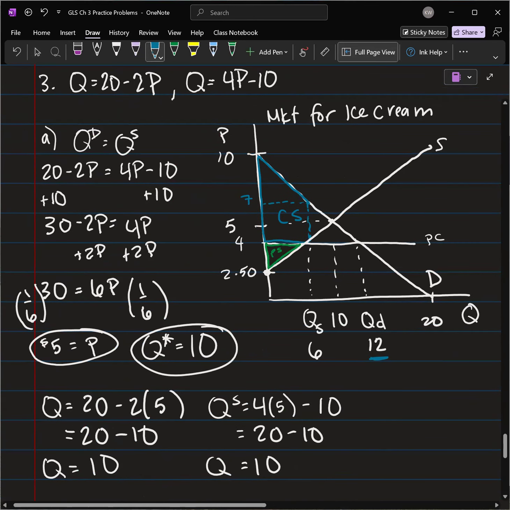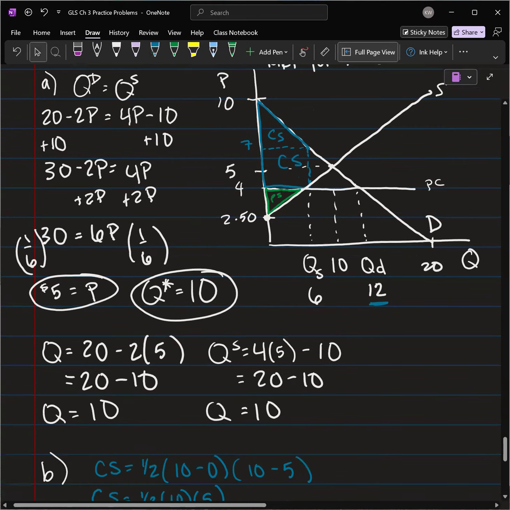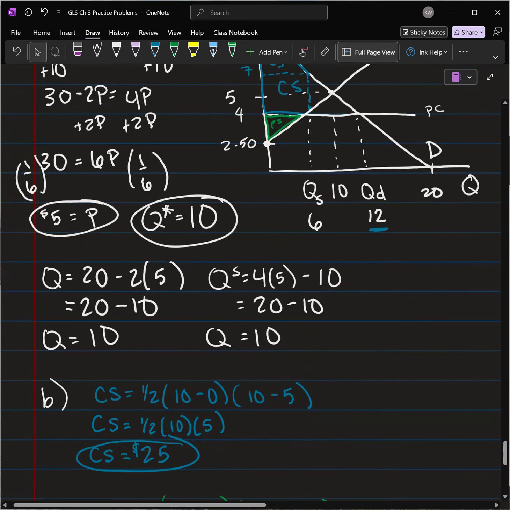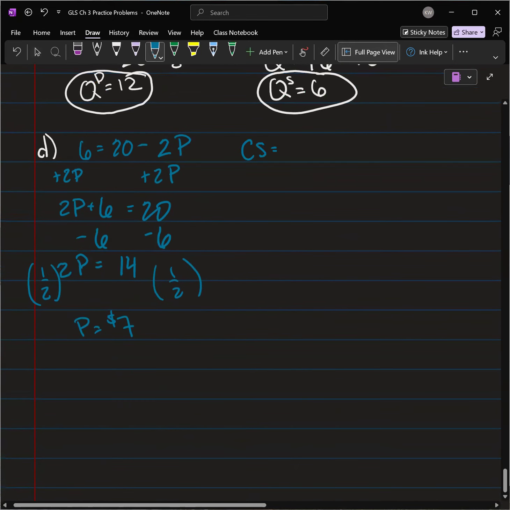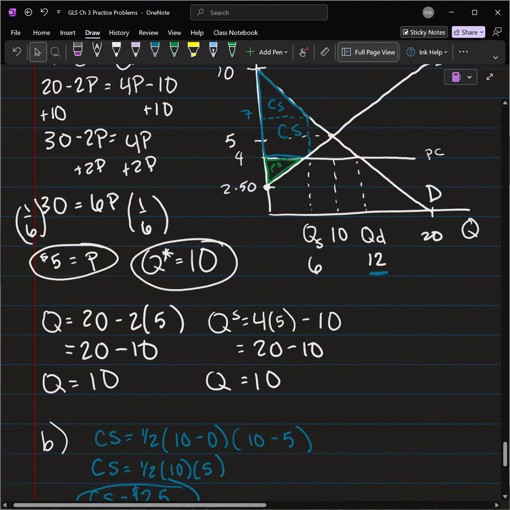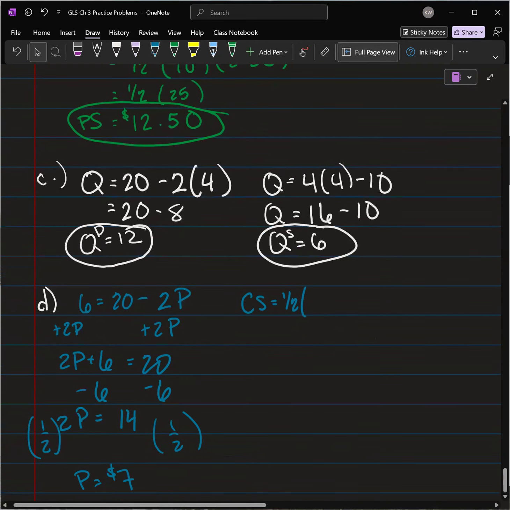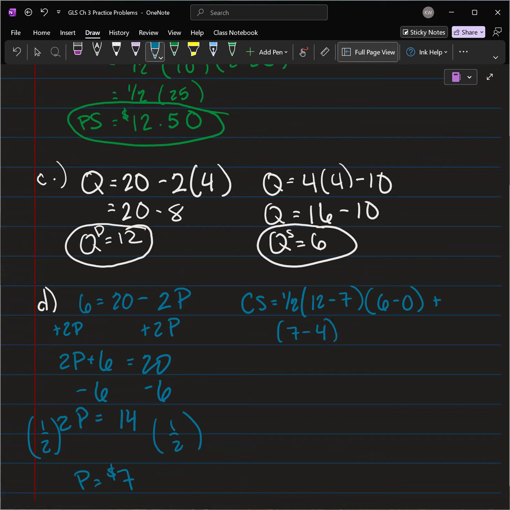And now it makes it very easy to find the area of our consumer surplus. We're just going to find the area of that top triangle and add it to the area of that bottom square. So consumer surplus here is going to equal 1/2 times the difference between the choke price, which is 10, and the price at which consumers demand 6 pints of ice cream, which is 7, times those 6 pints of ice cream. And to that, we're going to add the difference between the price at which consumers demand 6 pints of ice cream and the price ceiling, and multiply that by the 6 pints of ice cream sold.